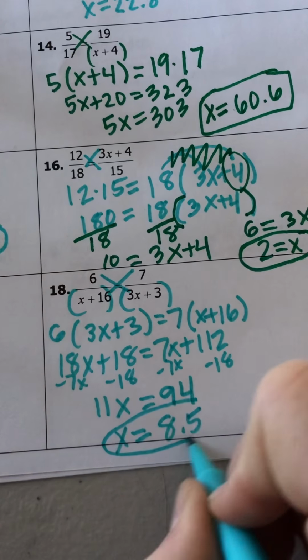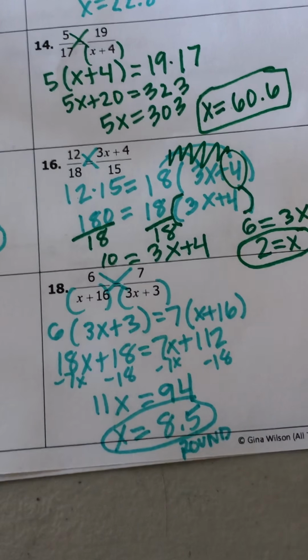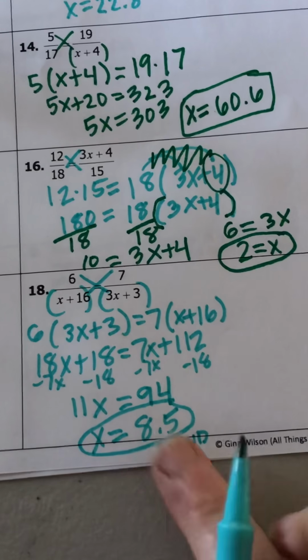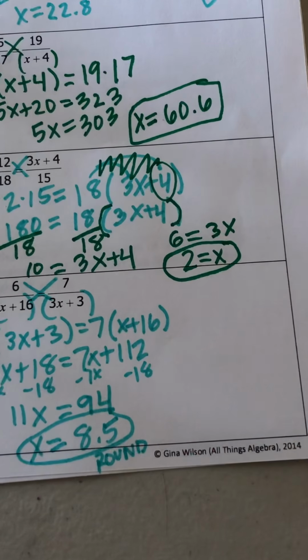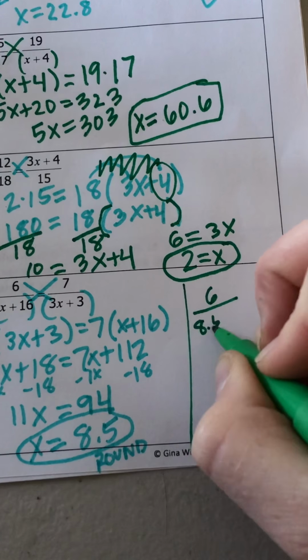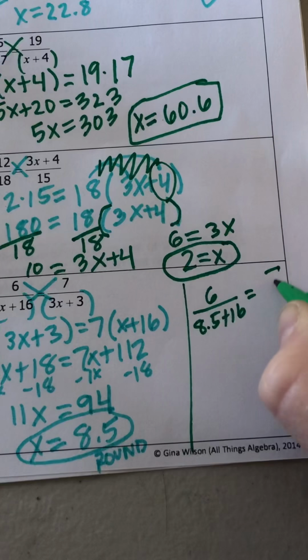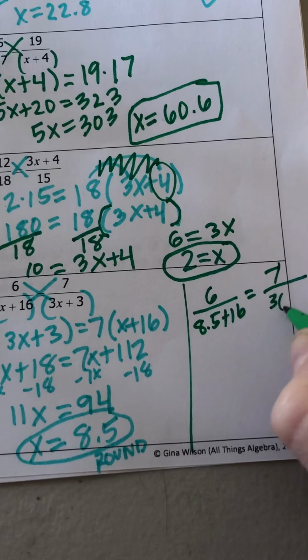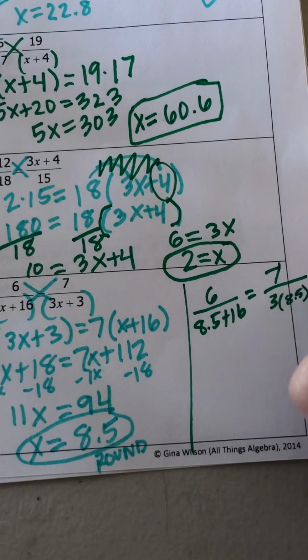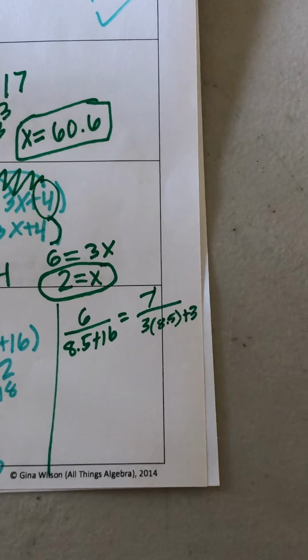Okay. Now real quick, we rounded there, right? So last thing I want to show you is if you happen to round and you want to check your answer, I'm just plugging in for x. That's pretty much the only time you won't get a perfect decimal.